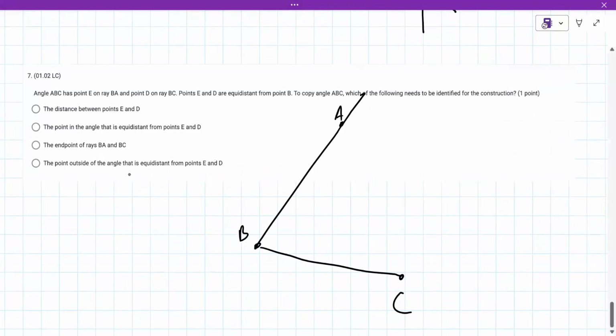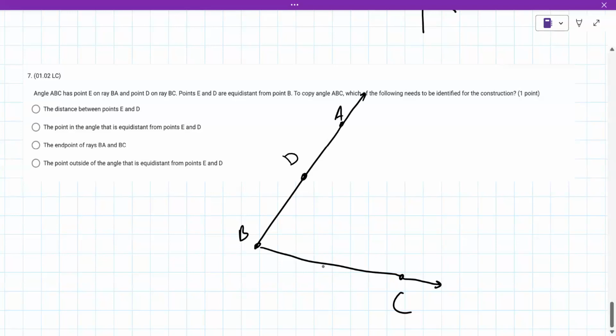So these are actually rays. And point D, we don't know where D is. Angle ABC has point E on ray BA and point D on ray BC, and they're equidistant from B. Okay, so you kind of have to read it all.